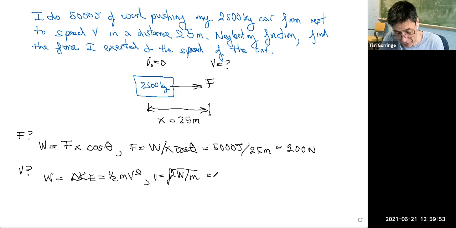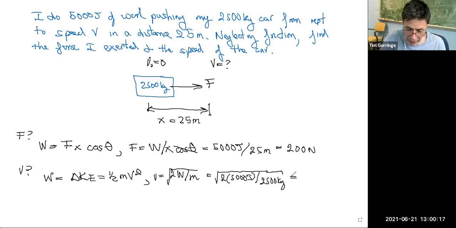And then I just got to fill in the work done. That's 5,000 joules. The mass of the car, that's 2,500 kilograms.